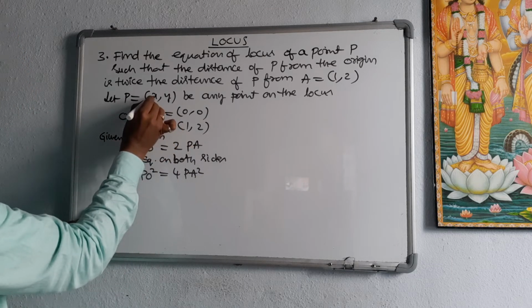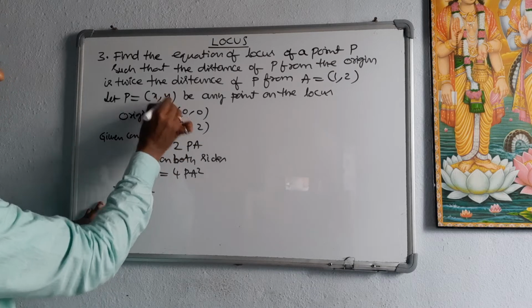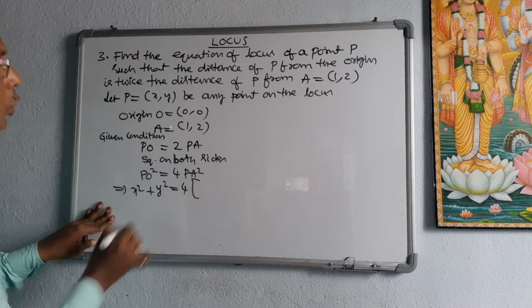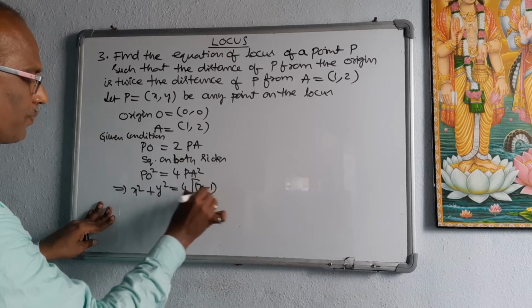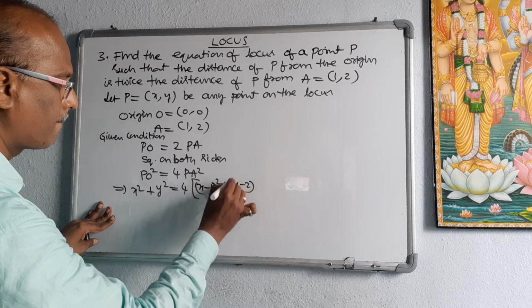PO square is (x - 0) whole square plus (y - 0) whole square, that is x square plus y square. 4 into PA square is 4 times (x - 1) whole square plus (y - 2) whole square.